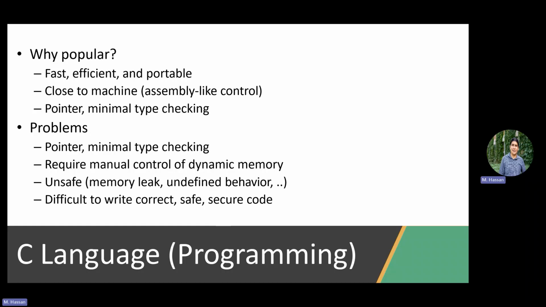Which means if you are an embedded software engineer for automotive, following the AUTOSAR standard, you cannot write pointers. You cannot dynamically allocate memory. The reason is they are unsafe because they are susceptible to memory overflow, security vulnerabilities, and memory issues. Good. So these are some of the problems we just discussed: they are unsafe, enable leaking and undefined behavior, and you need manual control of the dynamic memory.